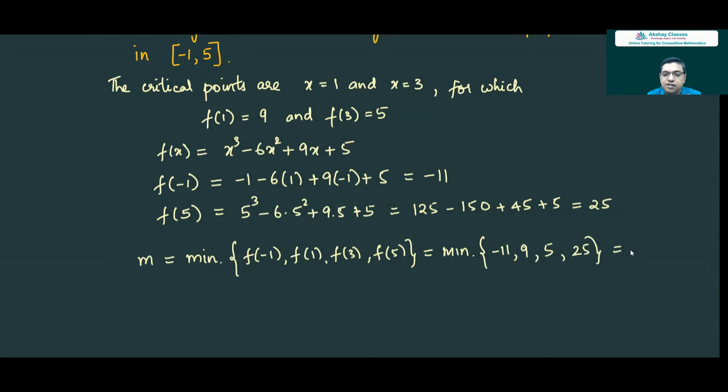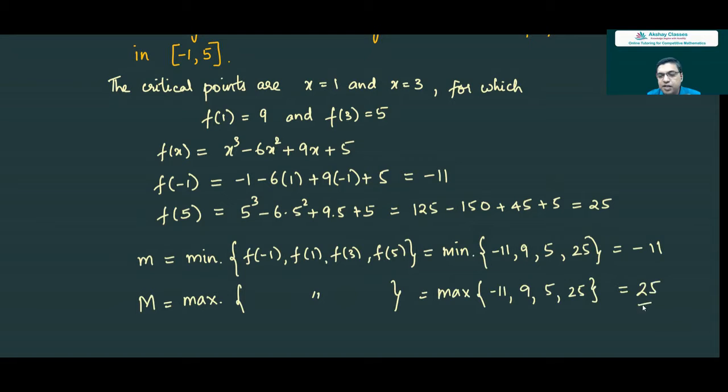Which is the least? -11 is the global minimum. Capital M is the maximum of the same thing. It is the maximum of -11, 9, 5, 25. 25 is the maximum. So global minimum is -11, global maximum is 25.